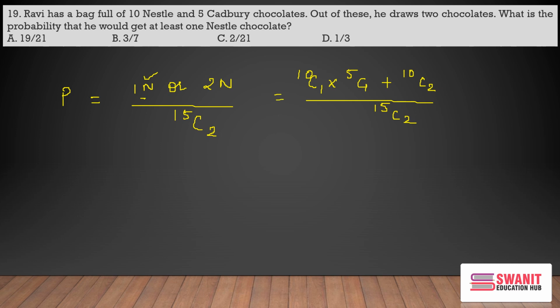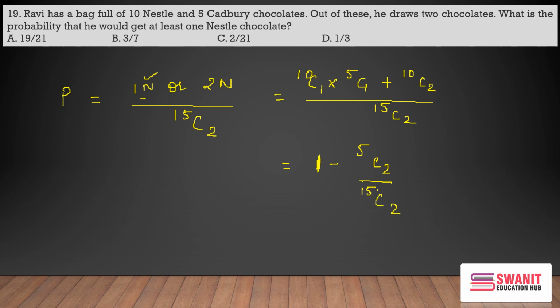The other way of solving it is, since we are looking for at least one Nestle chocolate, we can actually subtract the total value and the option of having both the Cadbury chocolates. So if both the chocolates are Cadbury, we will not have any Nestle chocolate. This is how it looks like.